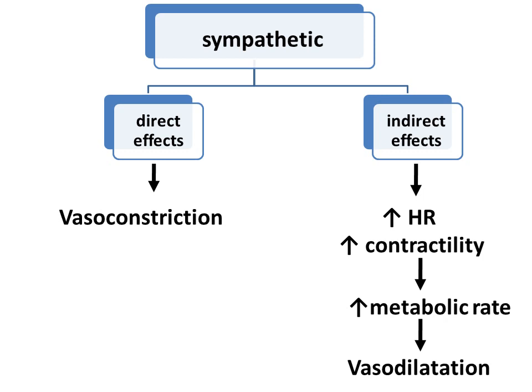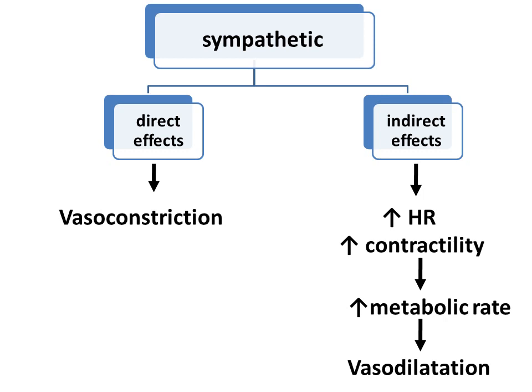If the blood vessel has beta receptors, the effect will be vasodilation. If the blood vessel has alpha receptors, the effect will be vasoconstriction. What about the coronary artery? The coronary artery in fact has both alpha and beta receptors, and the net result is slight overall vasoconstriction.